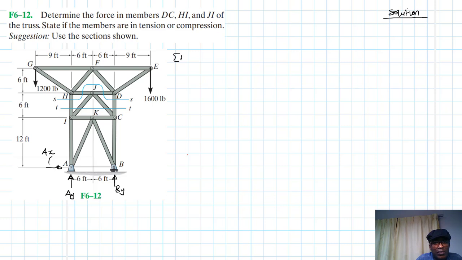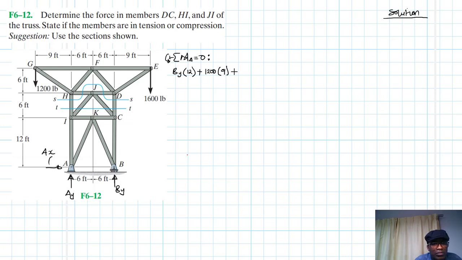We have summation of moments about point A equal to 0, and clockwise being our reference. What do we have? We have By by 12, okay, and then this one is a positive moment. Then we have plus 1200 by 9, right?